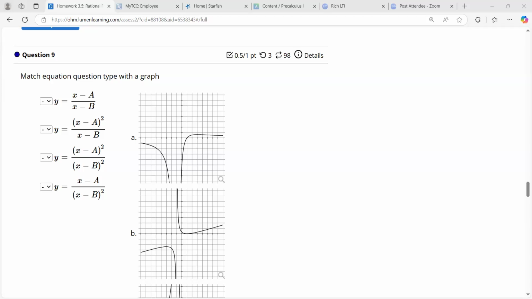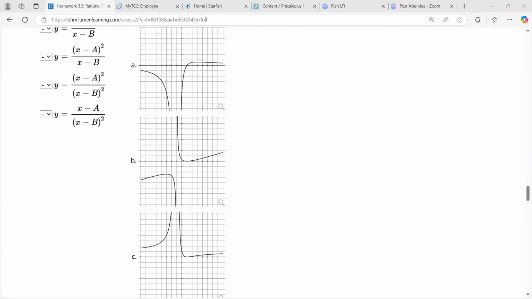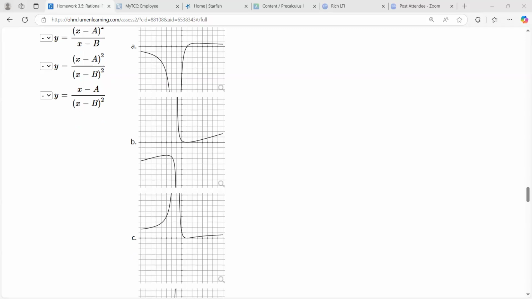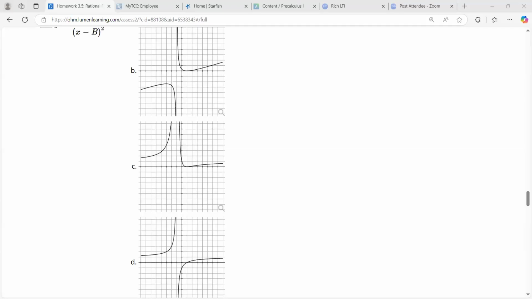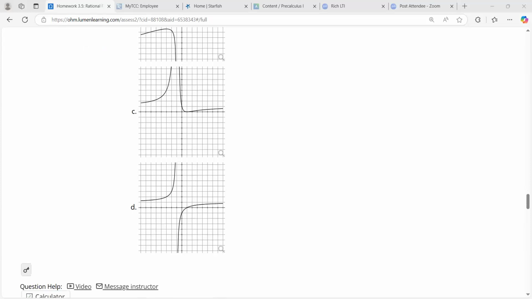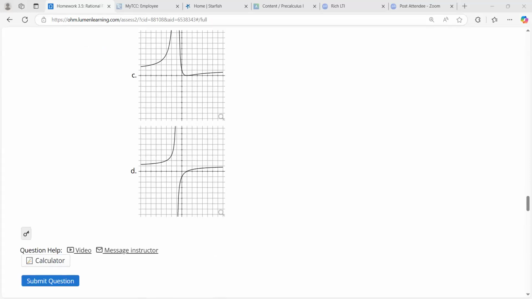Let's look at the 4 graphs. Which one has a horizontal asymptote at y equals 1? This one doesn't look like that. This one crosses at 1. This one seems like y equals 1 is the horizontal asymptote, however, the shape of the graph isn't right. This one is more like it.